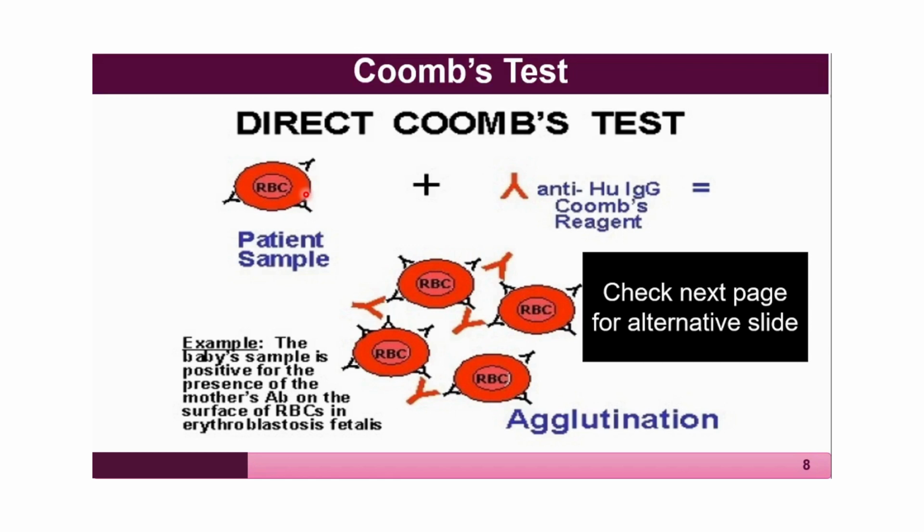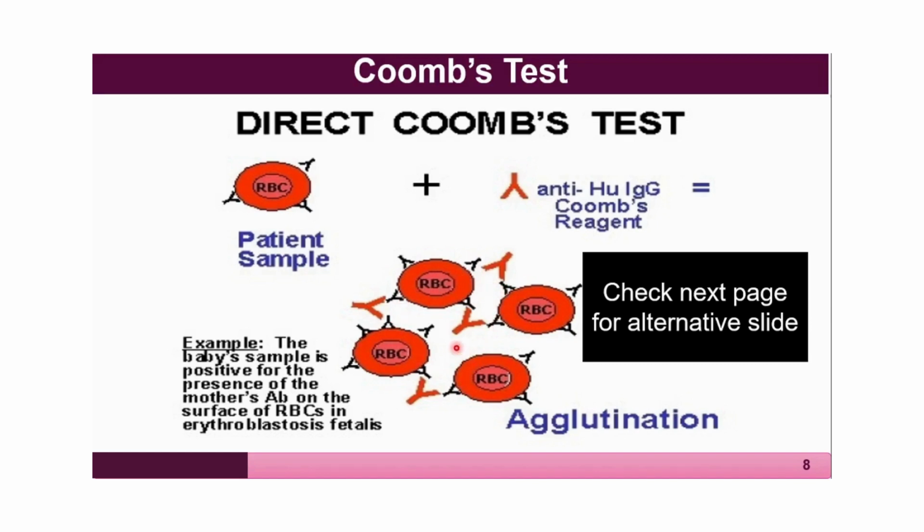When the anti-Rh antibody is added, if the child's blood RBC is Rh positive, and if it is already bound by the Rh antibodies of the mother, because they can easily diffuse through the placenta, they will have the mother's antibodies bound to the RBC, which are shown in black here. To that, when you add anti-human IgG, that is anti-Rh antibody, that will easily recognize the antibodies of the mother bound to the RBC and cause clumping of the RBC.